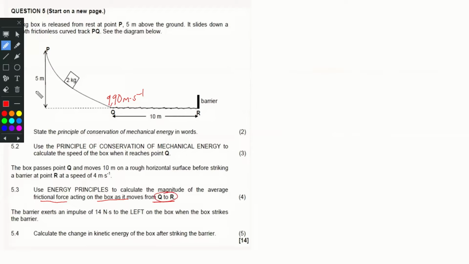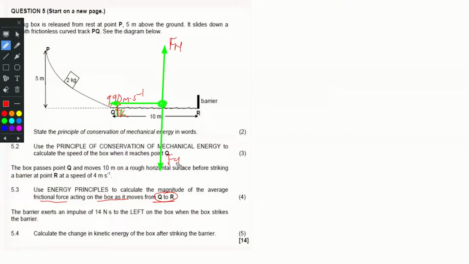Now note this. We are going to start by drawing a free body diagram, as the object is moving through the rough horizontal surface. This is going to be your normal force, your gravitational force, and then since there's friction there, it's opposing. We are not being told that there is a force applied here. So if you are not being told about the force applied, do not assume it's there.